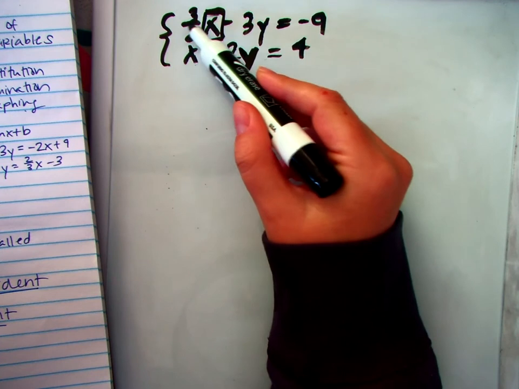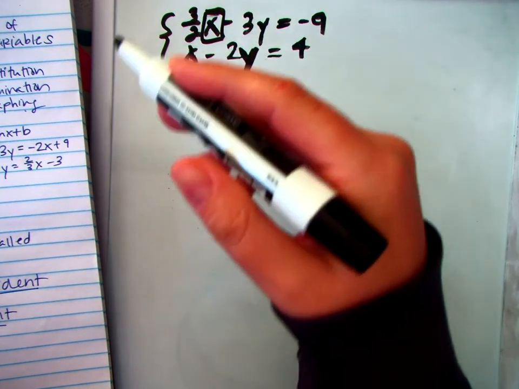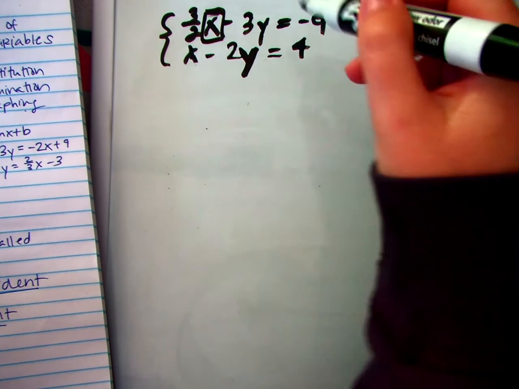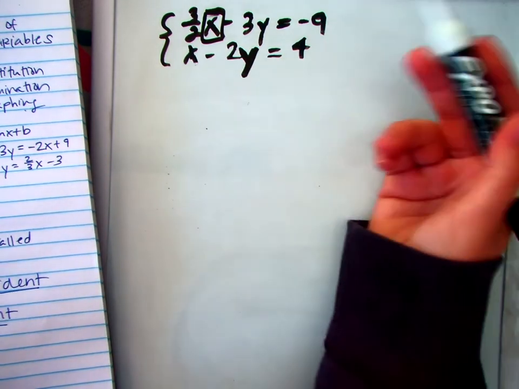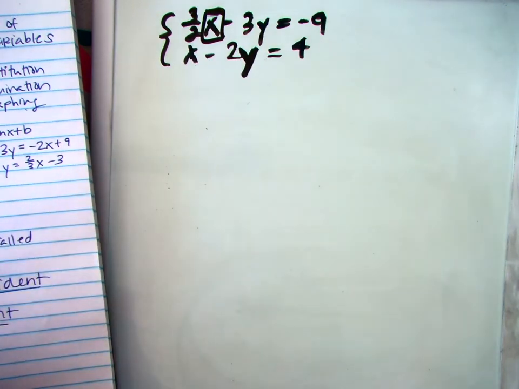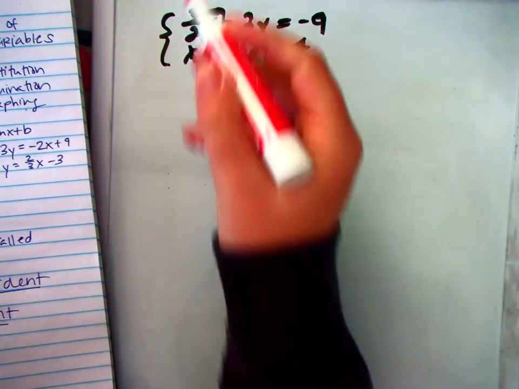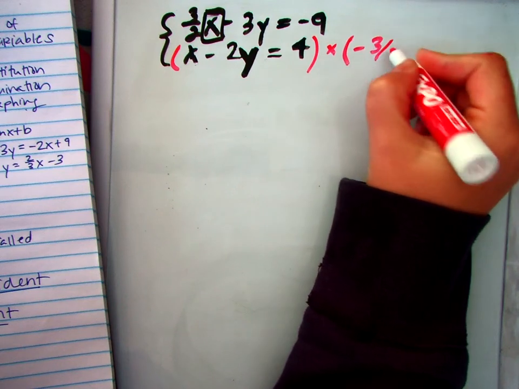And unfortunately, in this system, we don't. We have a positive, positive, and a negative, negative. That's okay. It just means when we go to multiply one of our equations, we have to multiply it by a negative. It doesn't really matter which one you do. I'm going to take the second equation, and I'm going to multiply it by negative 3/2.